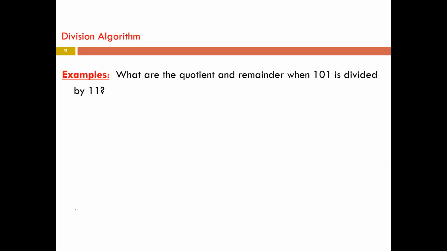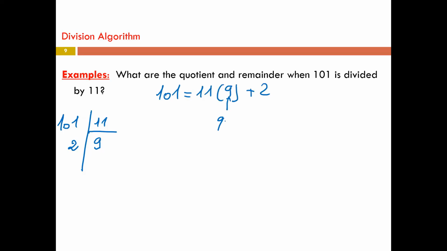So what are the quotient and remainder when 101 is divided by 11? We do the division: 101 by 11 is 9 point something. 9 times 11 is 99, and 101 minus 99 is 2. We can say that 101 is 11 times 9 plus 2. This is the quotient.